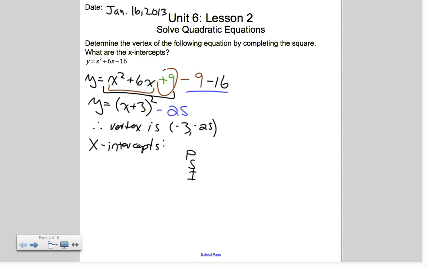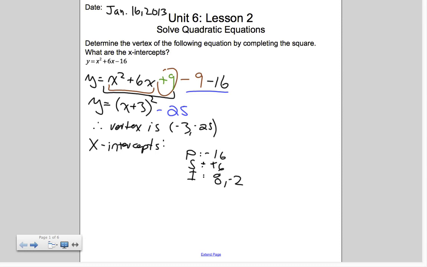So the product is, Zach? -16. The sum needs to be +6. So what integers multiply to -16 and add up to +6? You get 8 and -2.